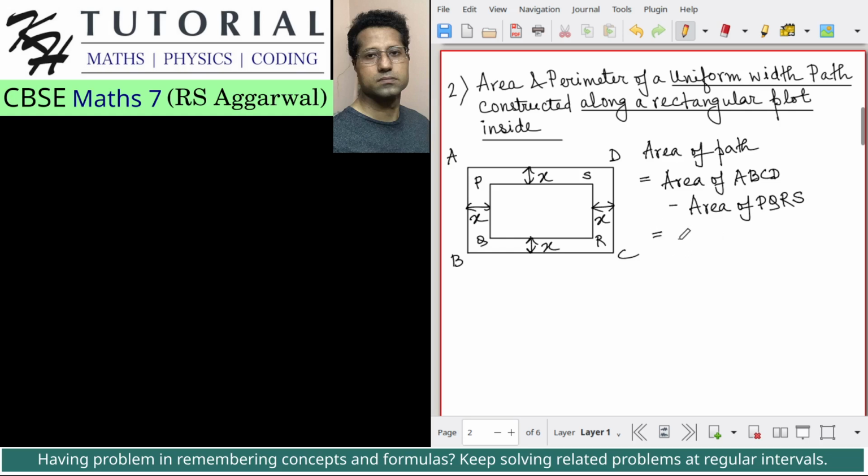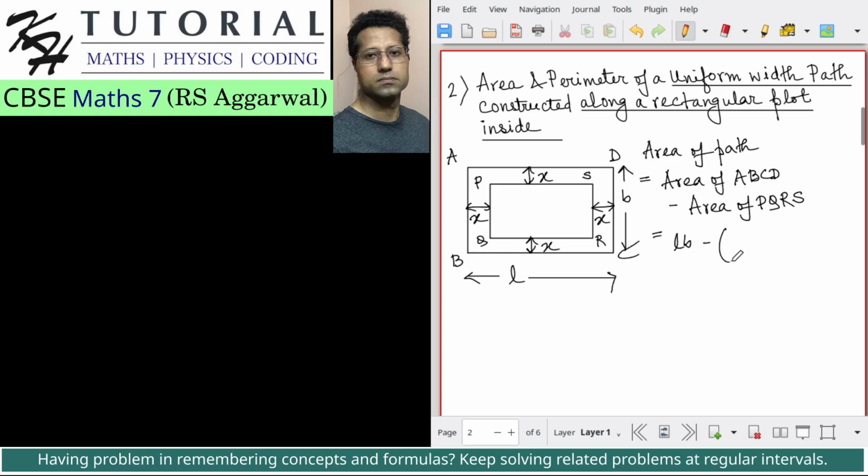Now let's say the length of the rectangular plot is L, and the width of the rectangular plot is B. So the area of ABCD is LB minus the area of PQRS.